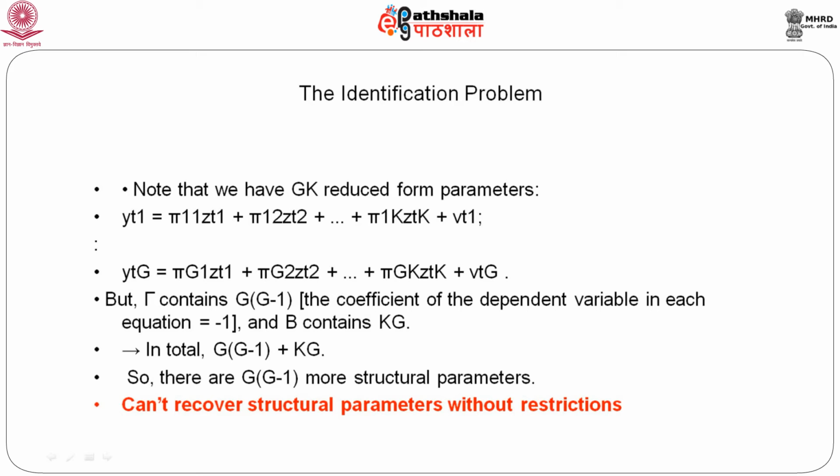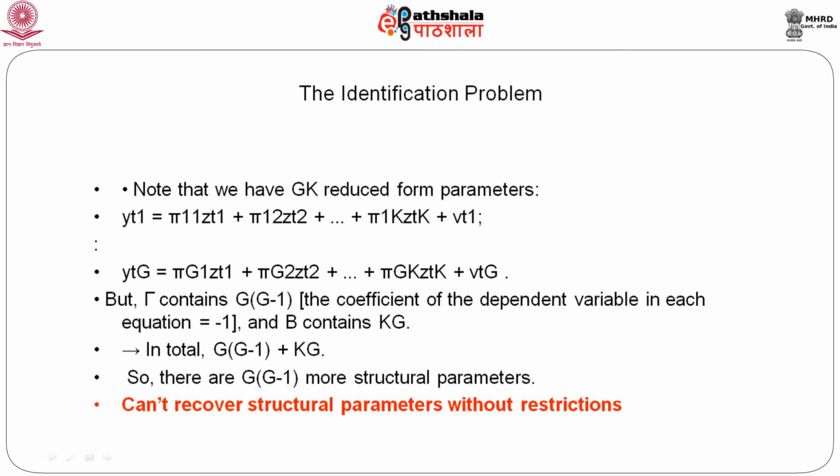Now, what we find is, if we estimate the reduced form equation, we get Gk number of parameters, but you have to determine Gk plus G into G minus 1 total number of variables. So, you need another G into G minus 1 restrictions.